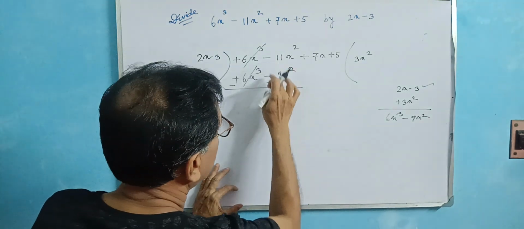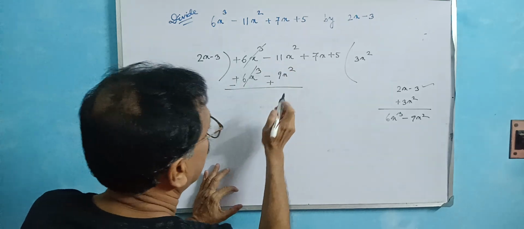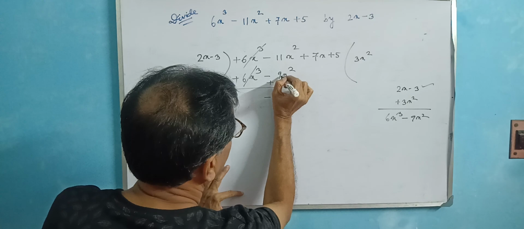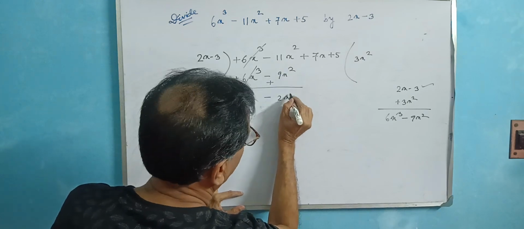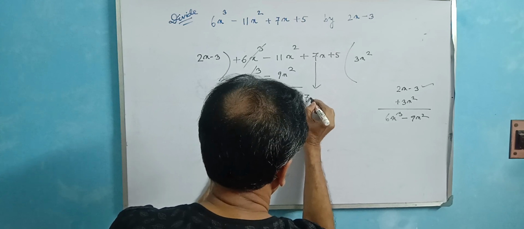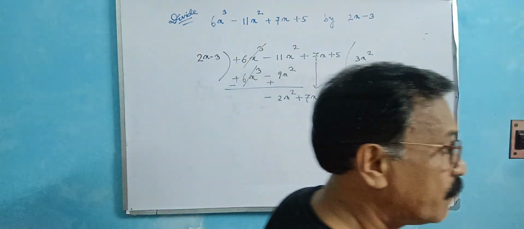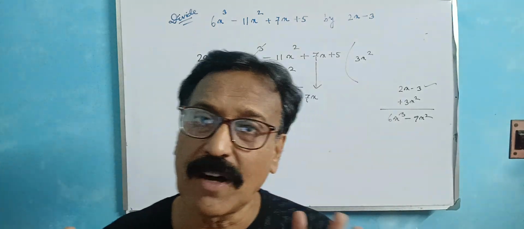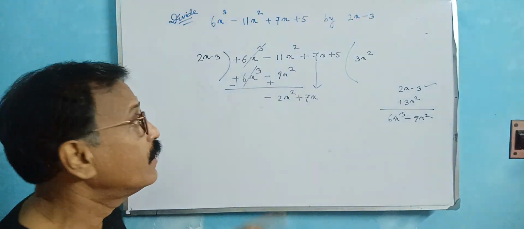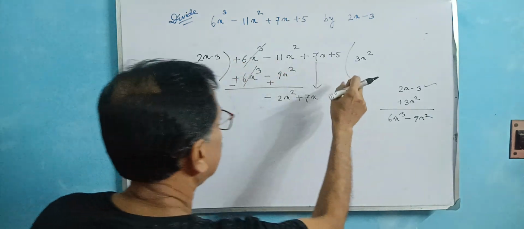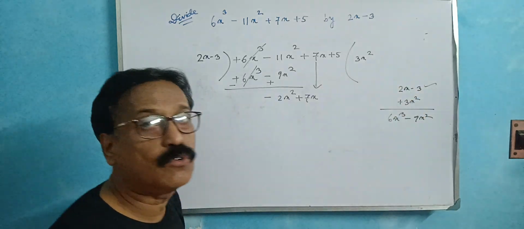Now the opposite sign, subtraction. So 11 is greater, this sign is there, and 11 minus 9 is 2x square, then you bring down this 7x. This is the first way, a very important thing. Learn this place of division well. I am repeating: 2x minus 3, why did I suddenly multiply by 3x square?